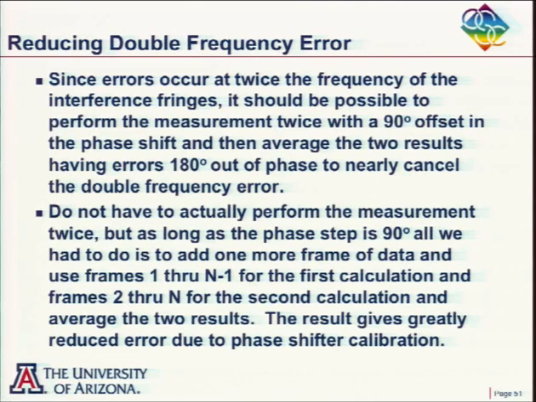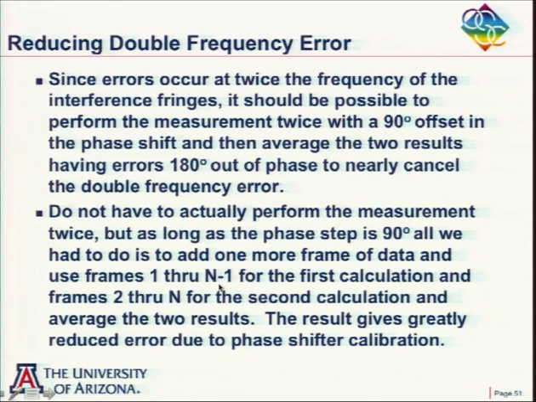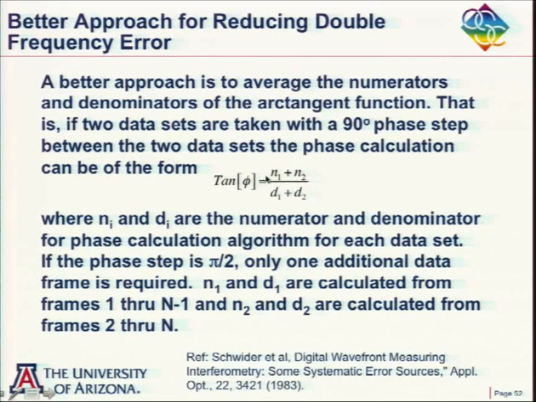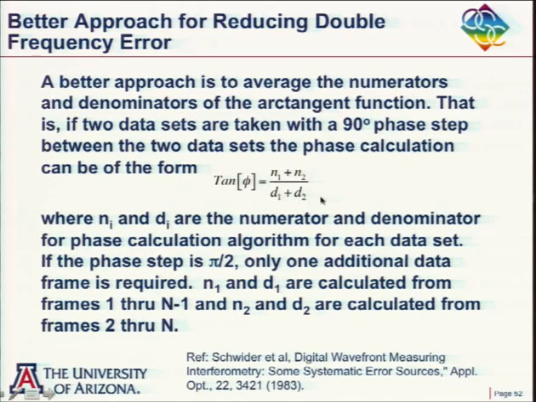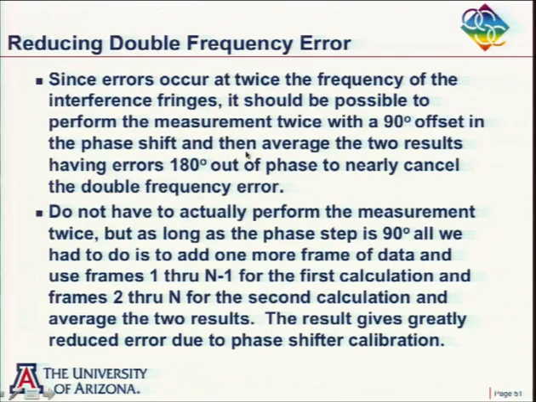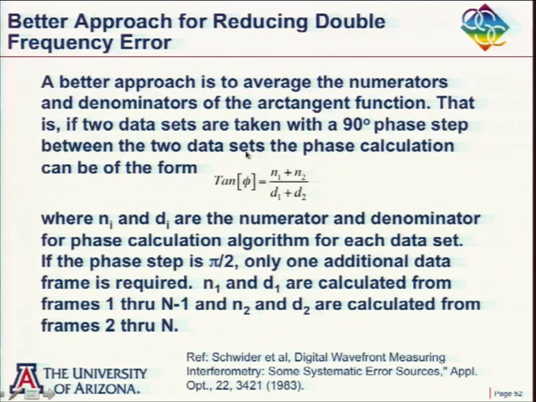We could just do an added frame and calculate numerators and denominators from the 1 through n minus 1 and the 2 through n. And then he adds the two numerators, adds the two denominators, and that gives him the tangent of the phase. It turns out this actually works quite a bit better than my patent did.